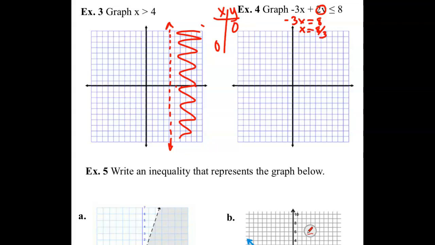Okay, where is that? -8/3. As a mixed number, it would be what? -2 and 2/3? Okay, so -2 and 2/3, put a dot.